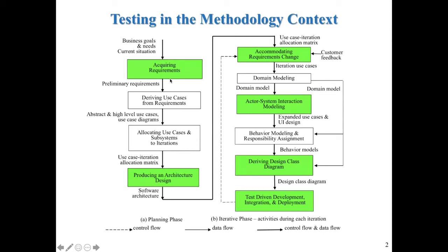You will see in this chapter. Then when we are designing our architecture design, we do some testing, or this architecture design is used in testing. Both ways are true, so at least one of the ways you should consider. Then accommodating requirements and changes, this is a very important point.